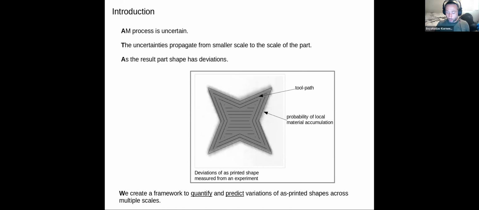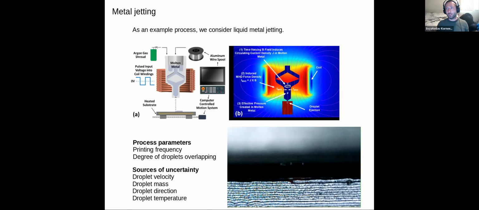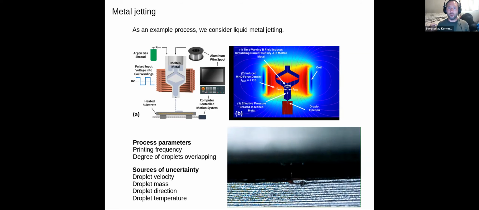As an example, we consider metal jetting as the AM process. The essential part of the printer is a chamber filled with liquid metal, with a nozzle at the bottom of the chamber with a meniscus, and a coil around the chamber. The coil has a current. The current creates a magnetic field. The magnetic field creates pressure inside the chamber, and if this pressure overcomes the surface tension, a droplet is ejected.